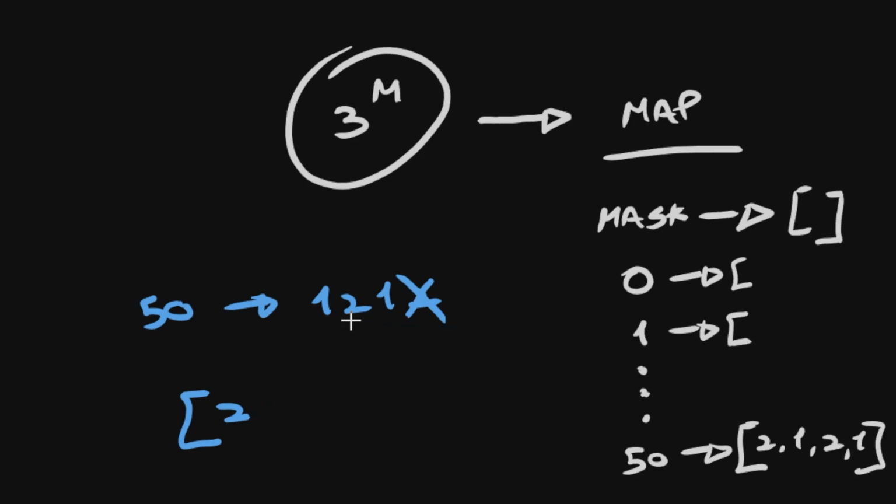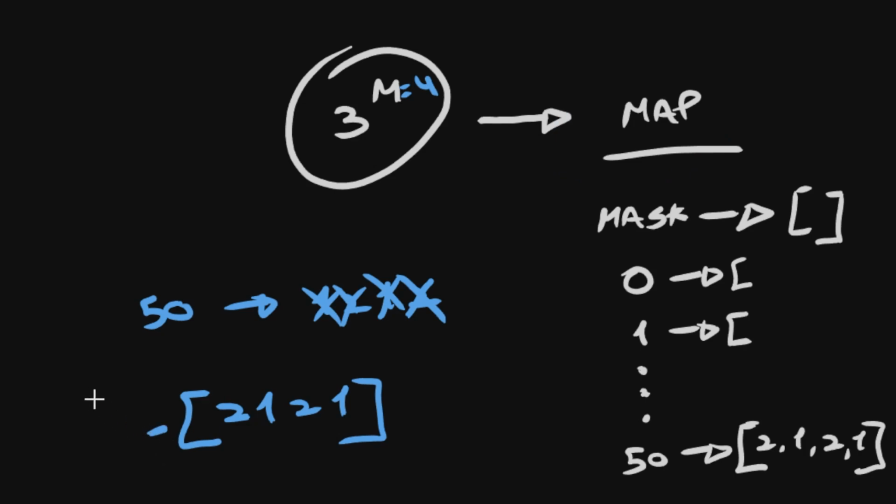Now we have 121 only. We repeat the same process with the 1, we do the same with the 2, and we do the same with the 1. Okay, so for example, let's suppose m is 4. If m was 4, here we will have in our map for the key 50 an array with 2 1 2 1.